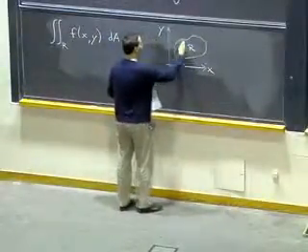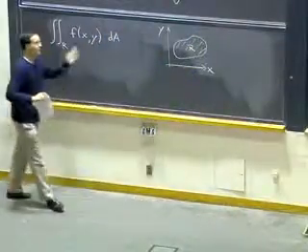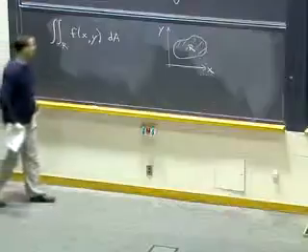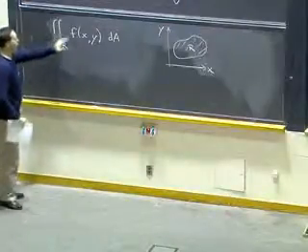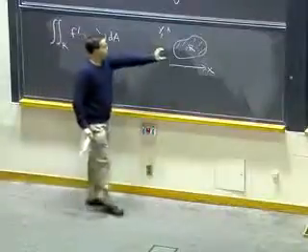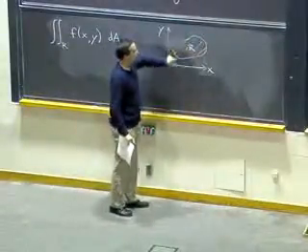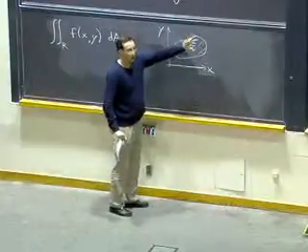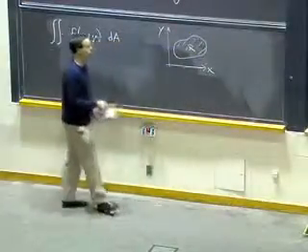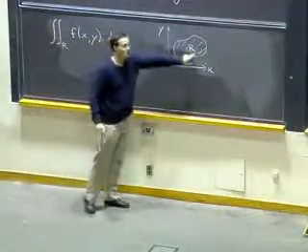Okay, so when we have a region in the xy plane, and we have a function of x and y, we define the double integral of f over this region by taking the sum of the values of the function everywhere in here times the area element. The definition is that we split the region into lots of tiny little pieces.